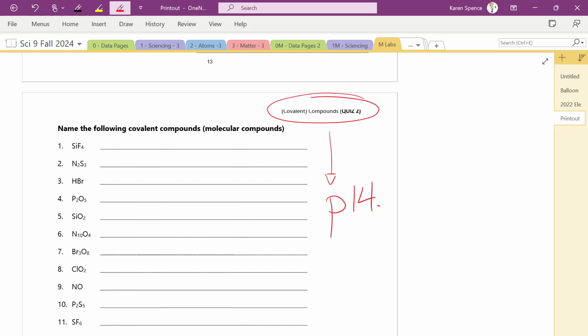No, E is phosphorus. H is hydrogen. Okay, well, I did the B. That's fine, because A is missing.